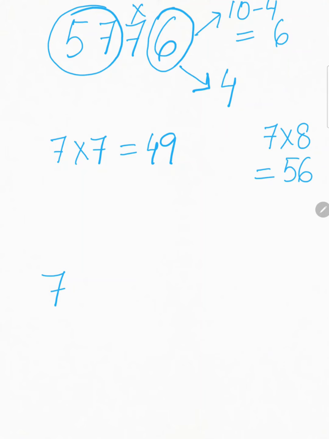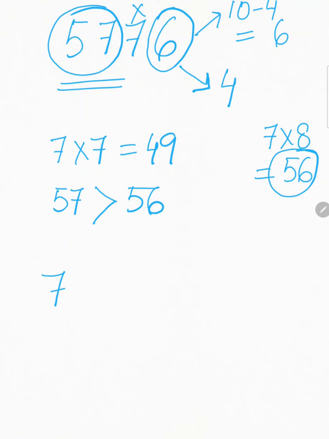So we now compare our selected number with this product, and we find that 57, that is our selected number, is greater than 56.